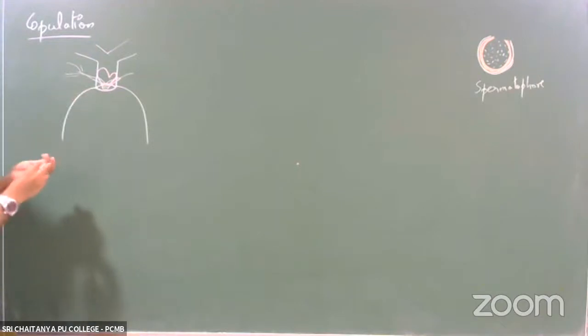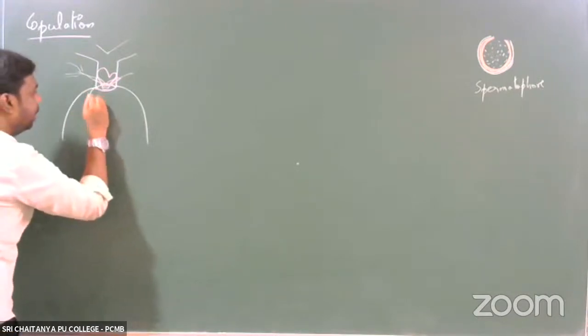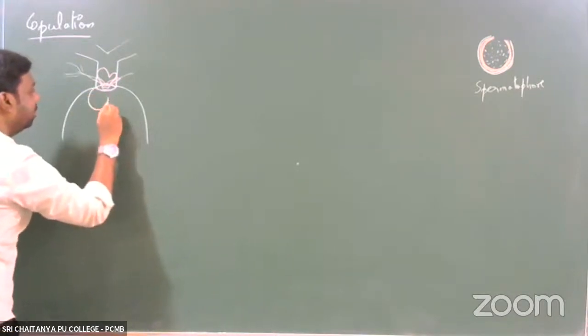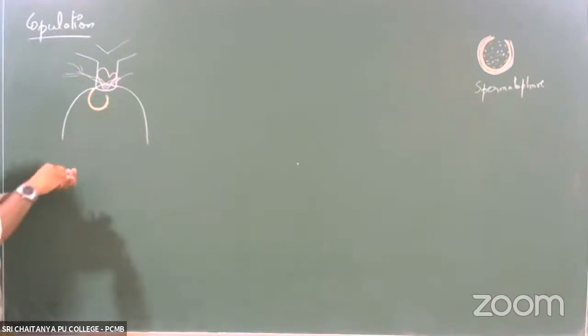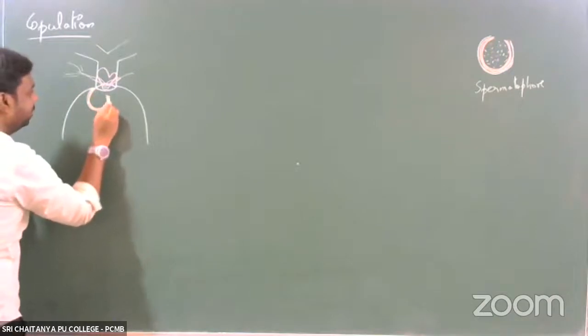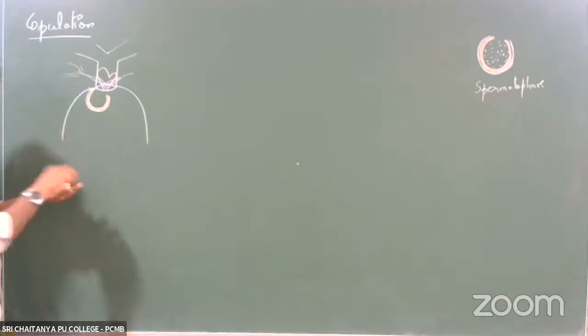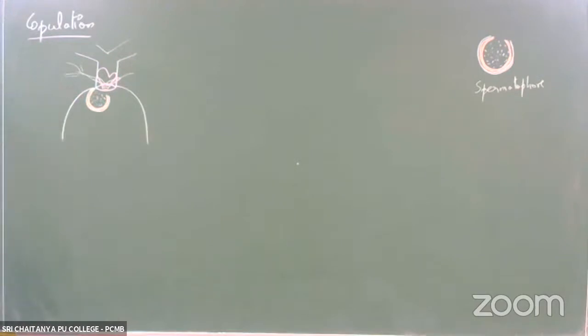So it would start attaching itself somewhat like this. Here we would have the inner layer of the spermatophore, which would attach here, and this would be the outer layer, which is secreted by the uterine majors. Towards the inner side, all the sperms along with the secretions of the seminal vesicle would be present. So this is how they would come and attach.